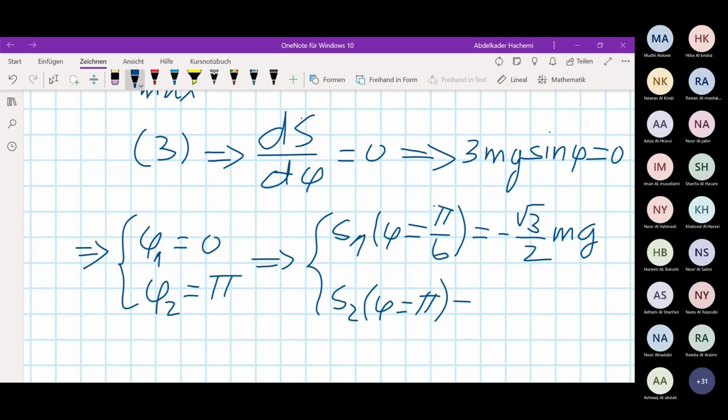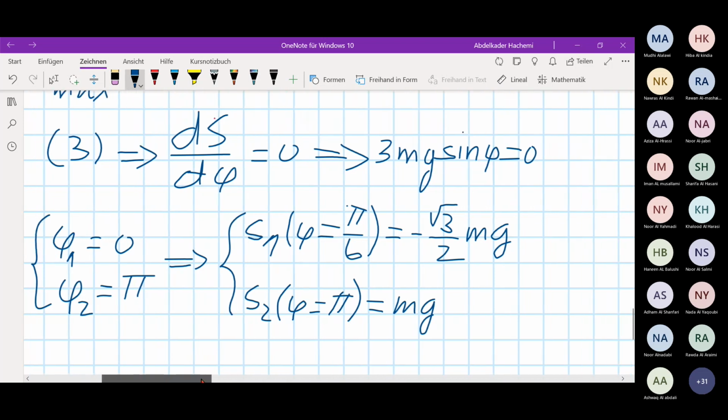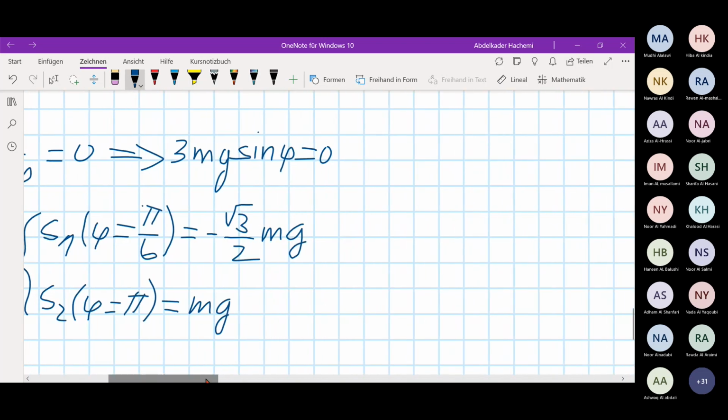In this case, we get mg multiplied by 3 plus square root 3. These are the two values.